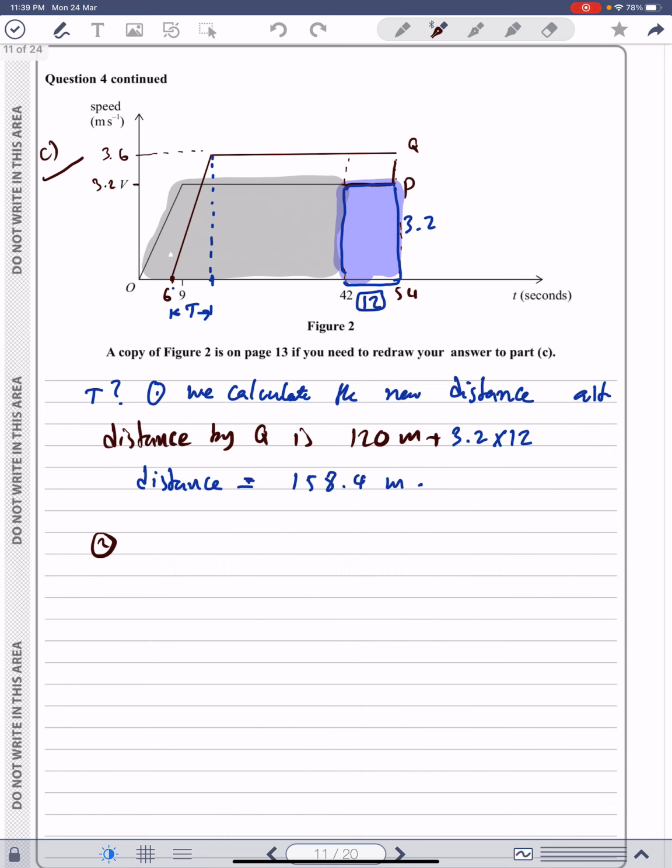The easiest or the shortest way to show the distance is what? He wants T. So you start first with this triangle here. It's the first part. Let me just make this smaller. Plus this rectangle here.